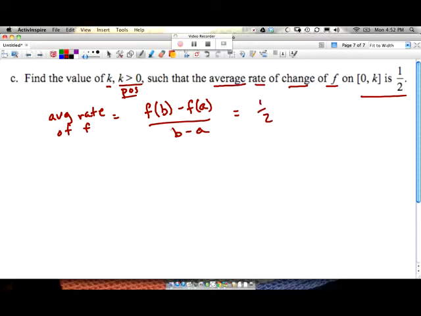Okay, think about this. The b and the a, what are those numbers? Well, in this case, here's our a, 0, and our b is k. It's actually a constant that we're going to plug in and figure out what its value is. So let's figure out what f of 0 is.